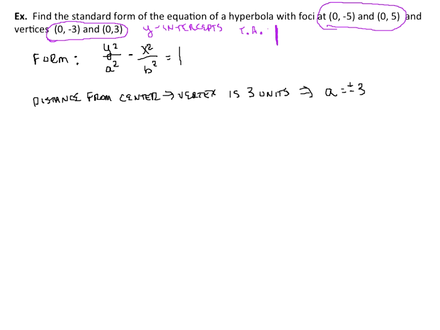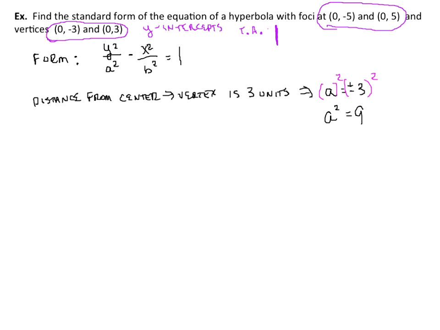Since A is equal to positive and negative 3, A squared is equal to, so if I come back and I square both of these, the negative squares away. A squared is equal to 9.